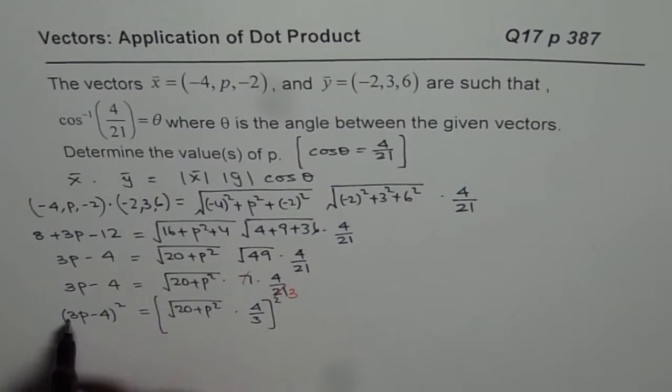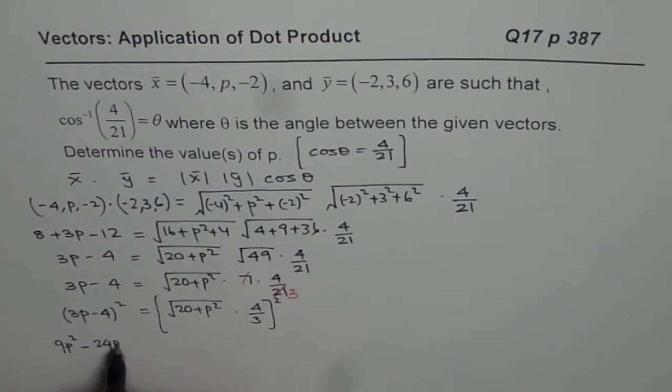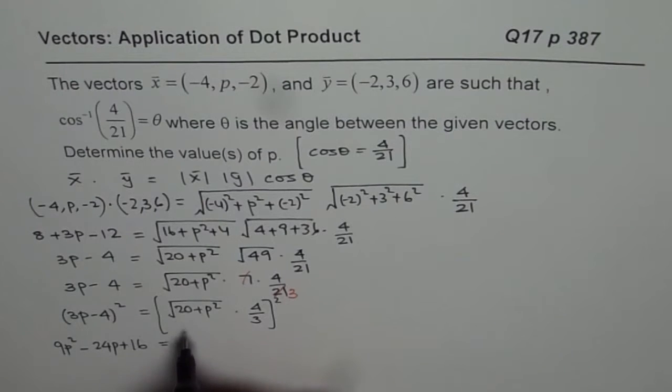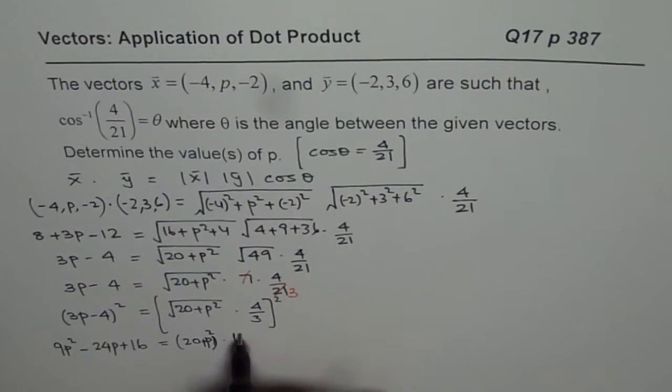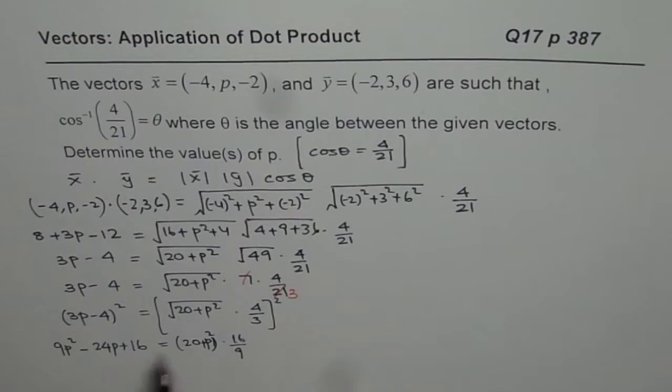On this side, the square of this will be 9p squared minus 2ab, 12 times 2 is 24, so 24p, plus 4 squared is 16, equals, on this side, when you square this, we get 20 plus p squared times 16 over 9. Now we have a quadratic equation.